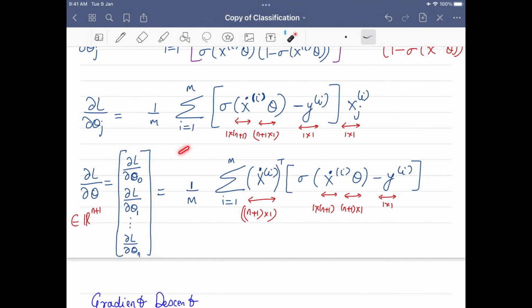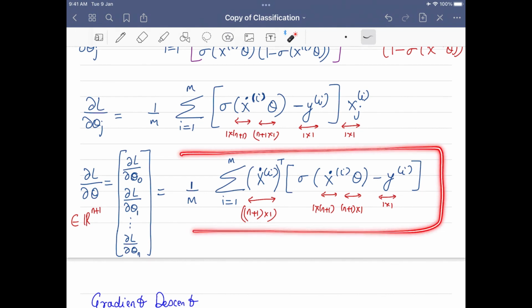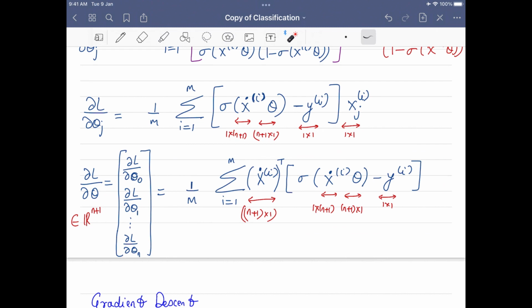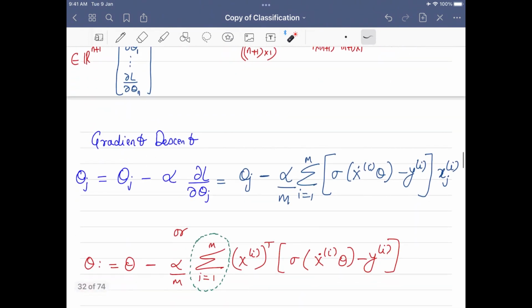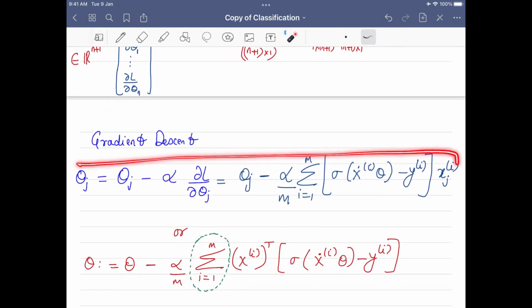So by using this expression, you can get all the values of theta in one go. Whereas in this case, you are getting individual values of theta all the time and doing individual gradient descent. But with this expression, you can get all the values in one go by multiplying the transpose with this expression.